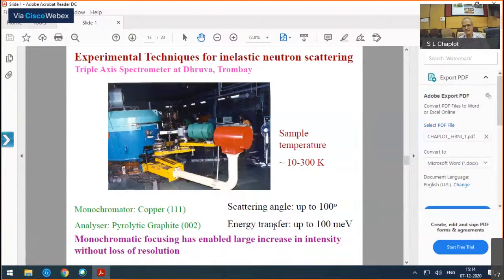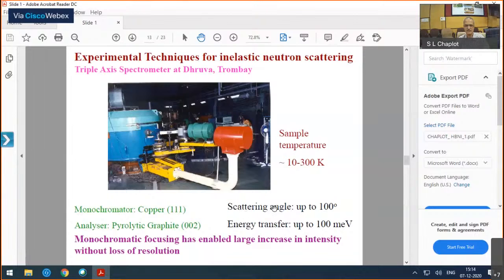But you can get a very good resolution if you choose a smaller incident energy. So we can get a resolution as good as 2 millielectron volts at low energy transfers, to higher values at high energy transfers. Scattering angles up to around 100 degrees are possible.